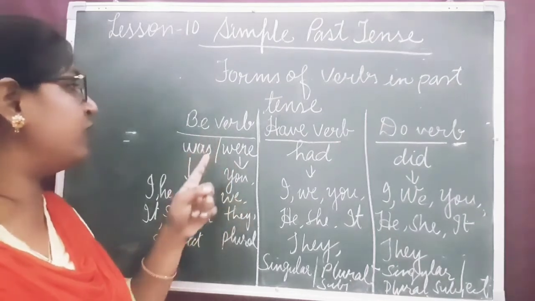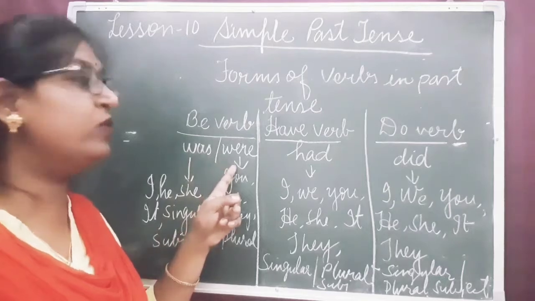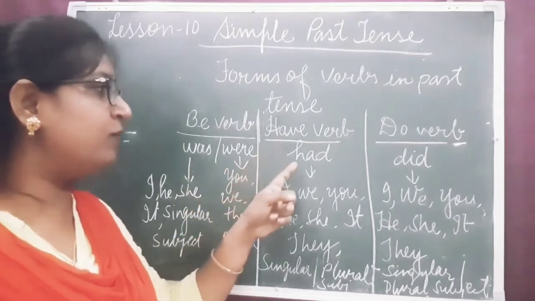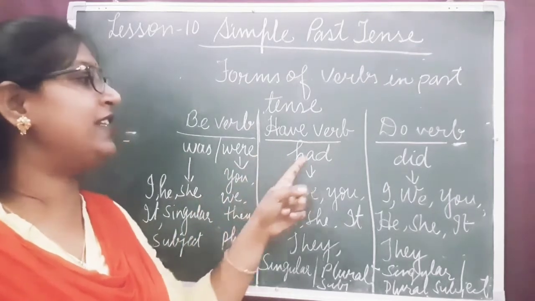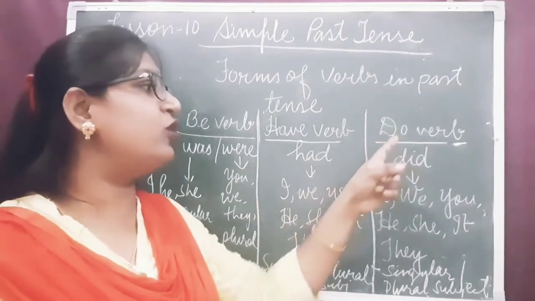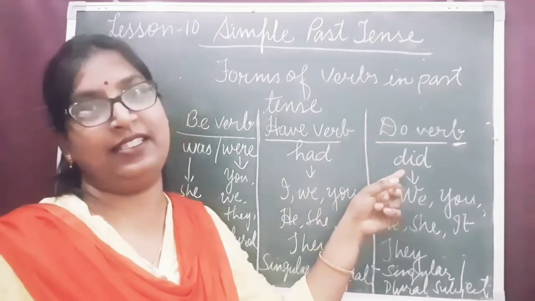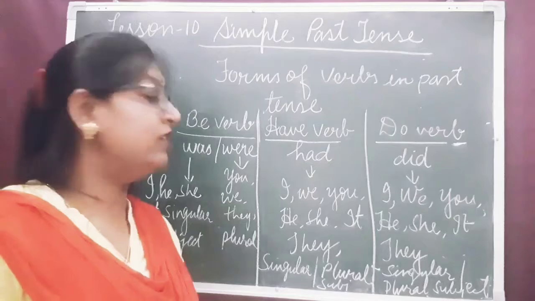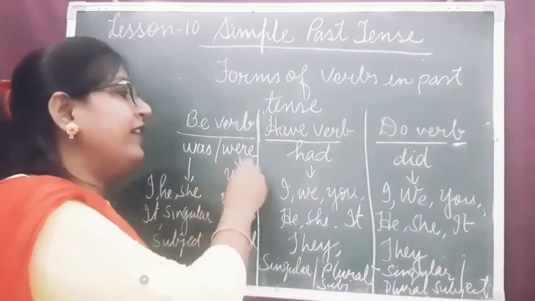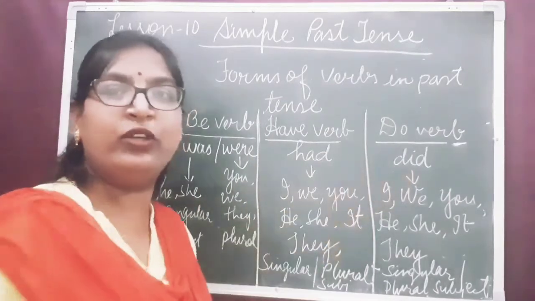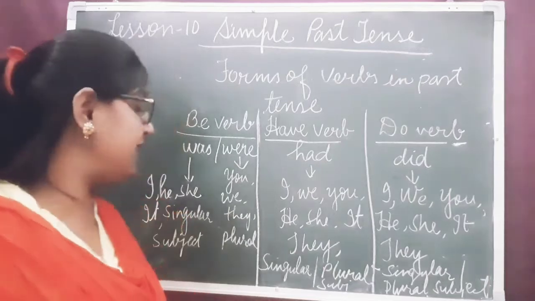The form of have verb is had, and from do verbs we use did in past tense. Clear? Was, were, had or did we use in simple past tense.